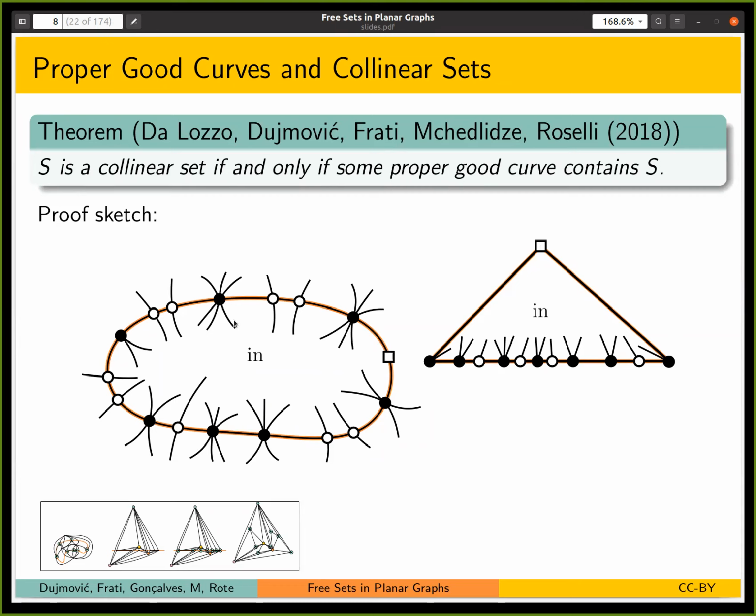And all the other vertices are on one edge of that triangle. Okay. So I get a straight line drawing of the inside, and all the vertices on this curve are on one line. And then, of course, I can do the same thing on the outside, but this time I'll insist that the drawing go below the line.